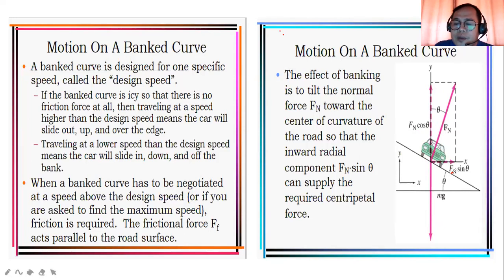So the normal force, which is on the x-axis, is sine theta, and the y-axis is your cosine theta. So if you have an angle theta here, your y, which is this one, is the same with this one. So definitely it is sine because it's opposite. And this one is cosine because it is adjacent. So the Fn sine theta can supply the required centripetal force.